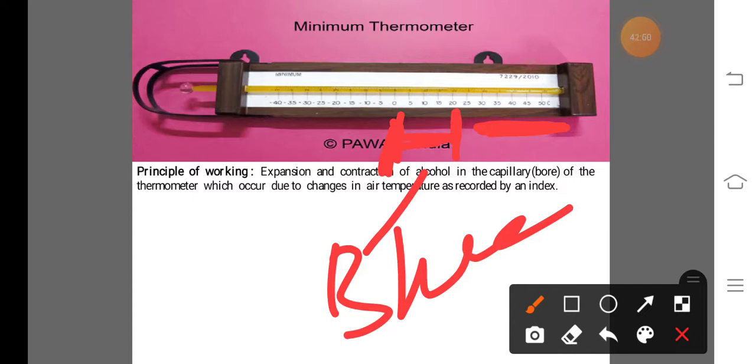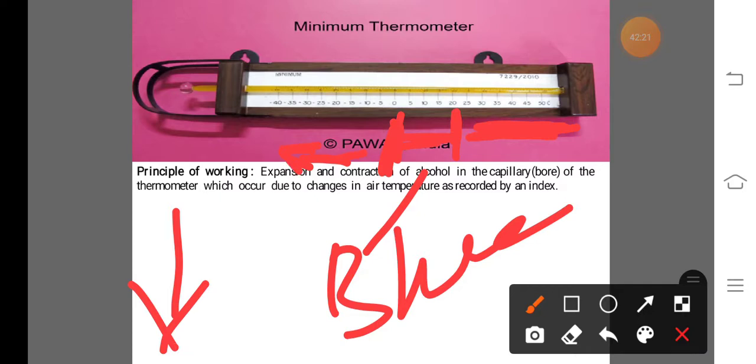While temperature decreases in the atmosphere, at that time the alcohol contracts, and with this the alcohol pushes this index, and the index goes forward.